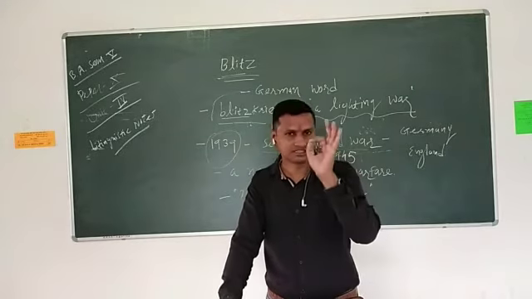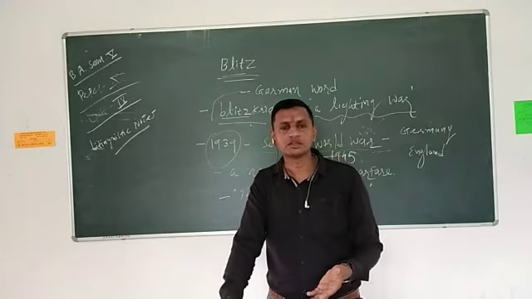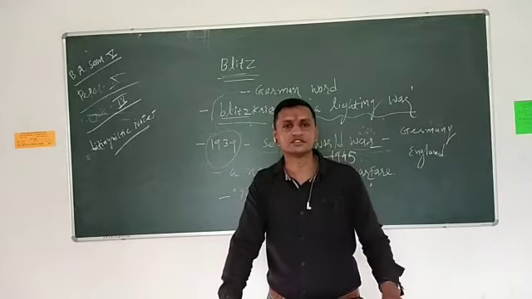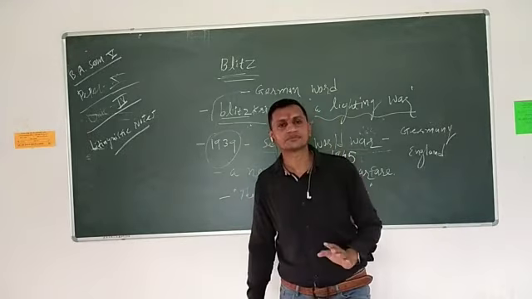So now you can easily understand that they suddenly attack when the terrorists are not aware of the attacks of the Indian army, and they killed them and returned to India. It is called the Blitz.